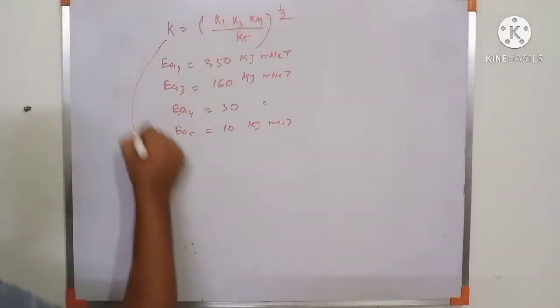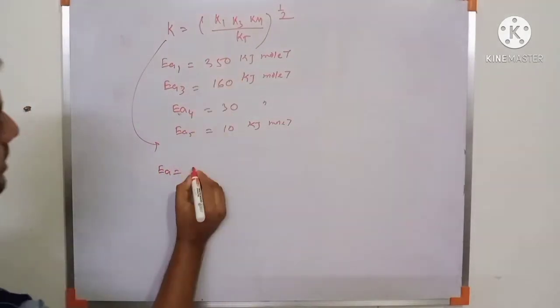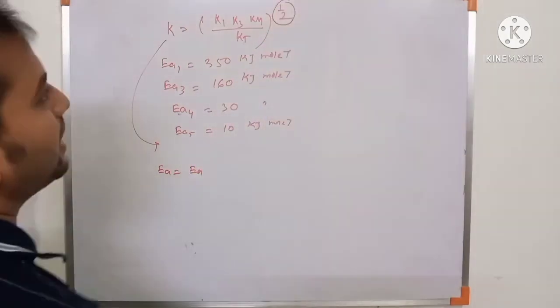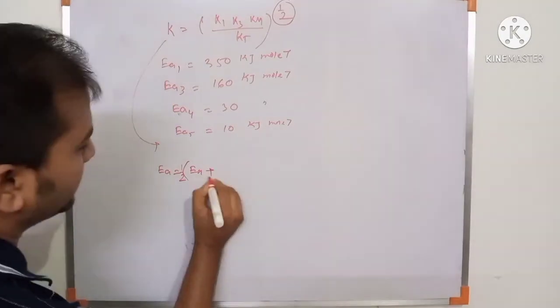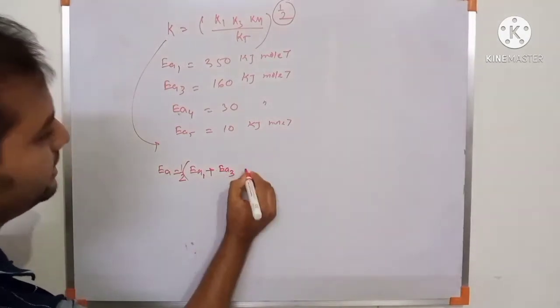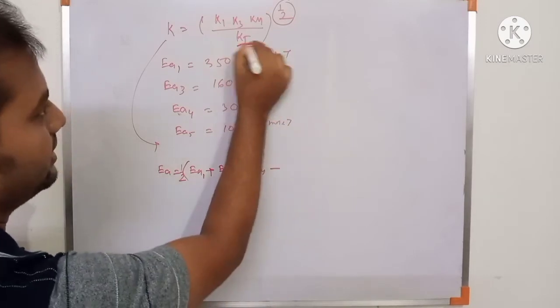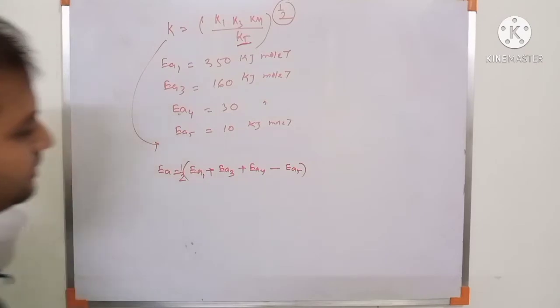So this is the rate constant. EA equals, with the power half in front, half into EA1 plus EA3 plus EA4 minus, subtraction, EA5.